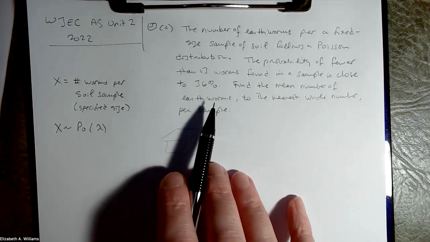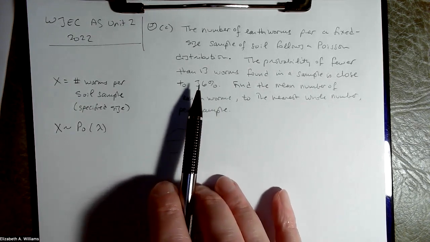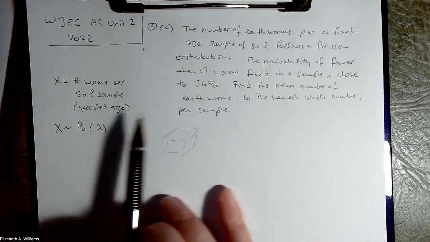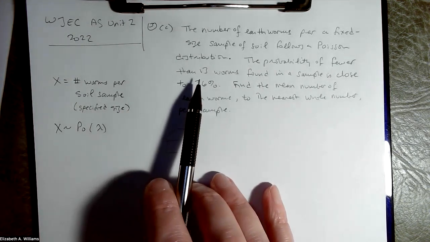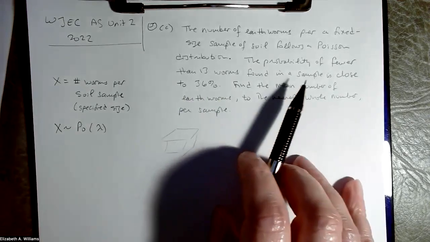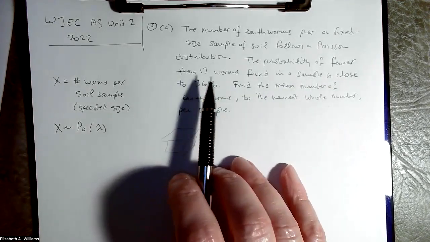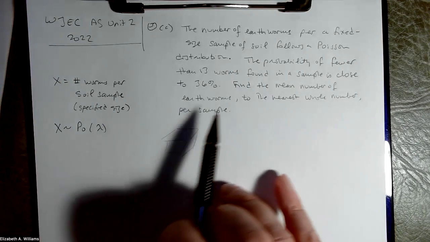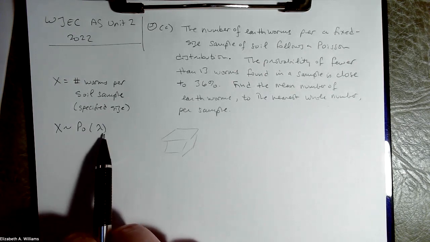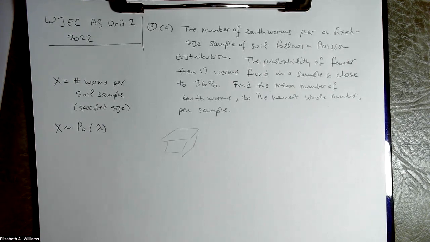But we're just told that when we take a sample of soil, the probability that we find fewer than 13 worms is about 36%. And they want you to work backwards to figure out what the average rate of occurrences should have been.